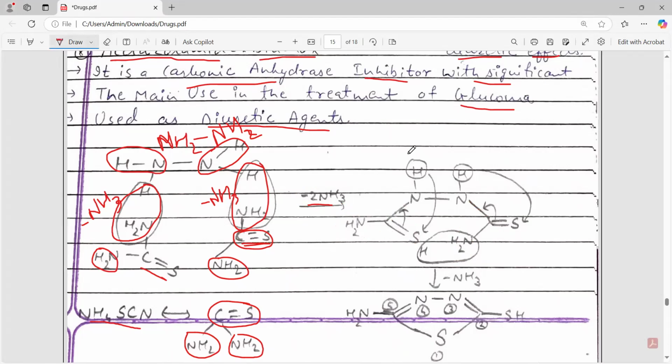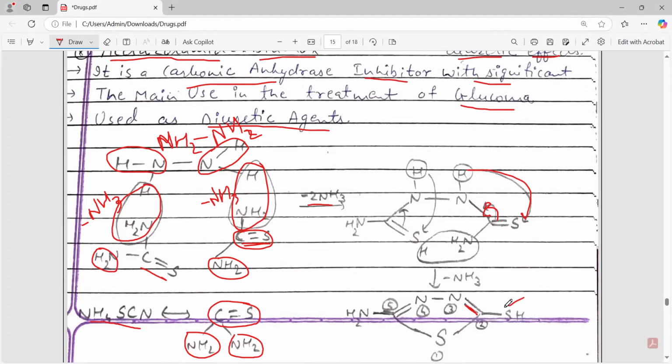The next step is that the C double bond S group will shift its electrons to the CN bond, so we will have a double bond here, and hydrogen is shifted onto the sulfur atom.